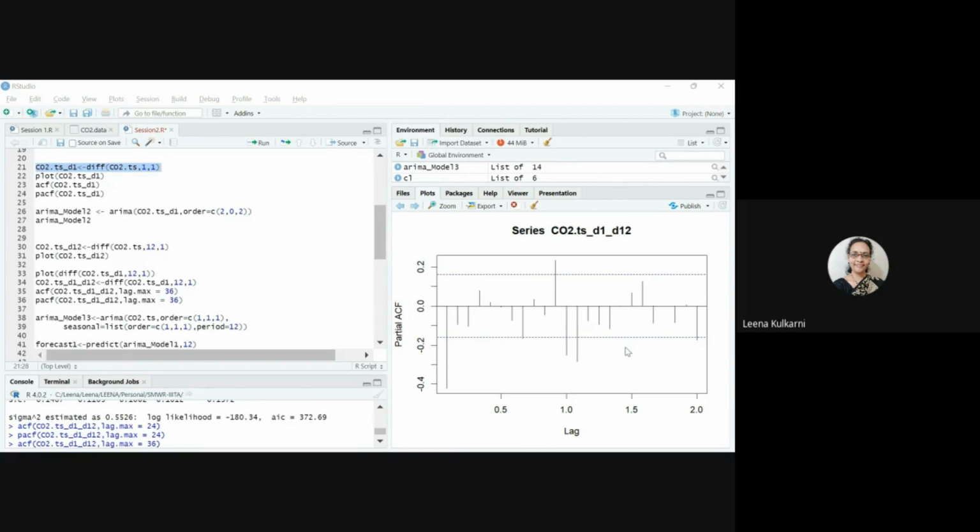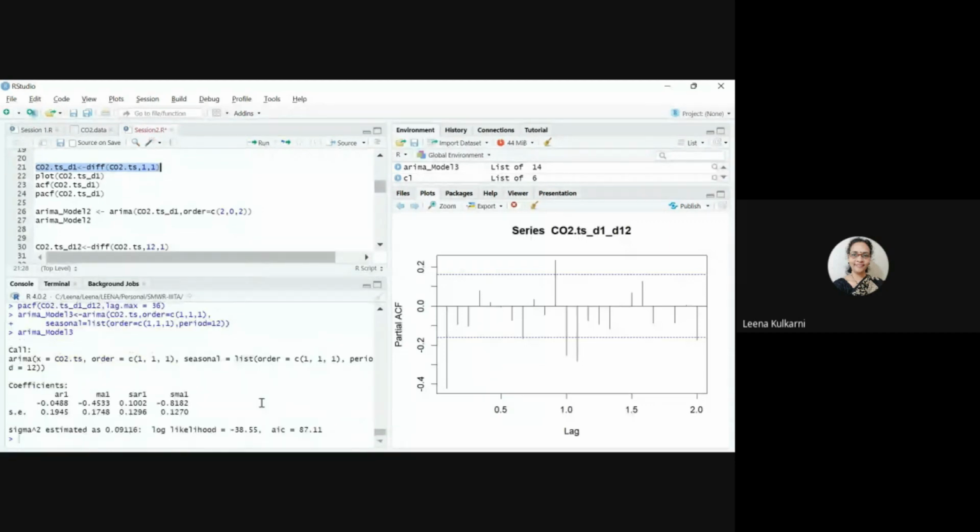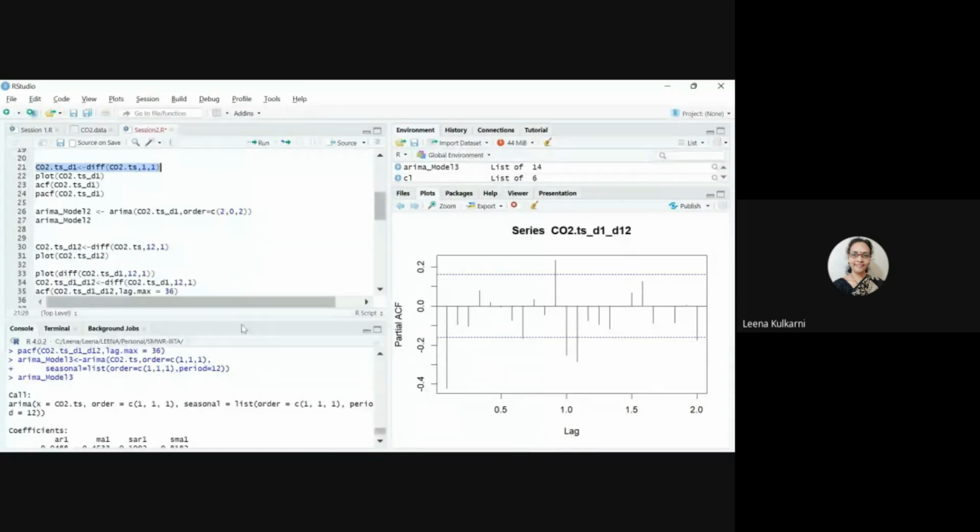The number of significant spikes in PACF will help you determine the order of P. Fine? So this is to understand what ACF and PACF are, and how to look at the values.